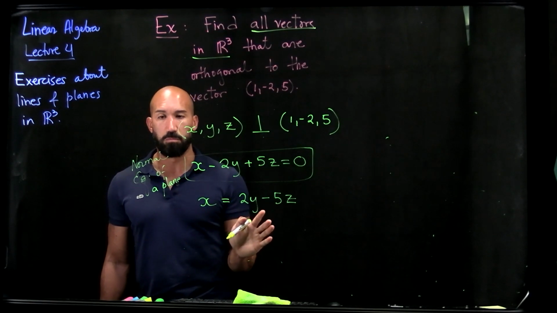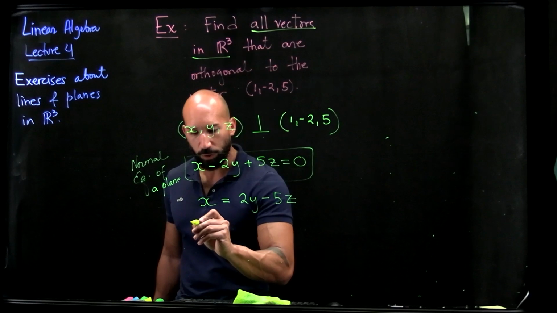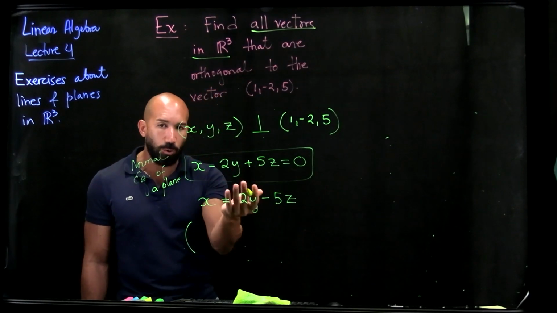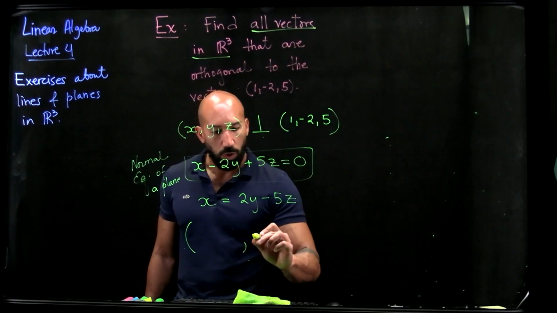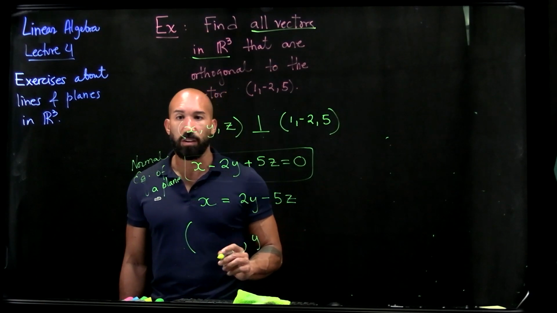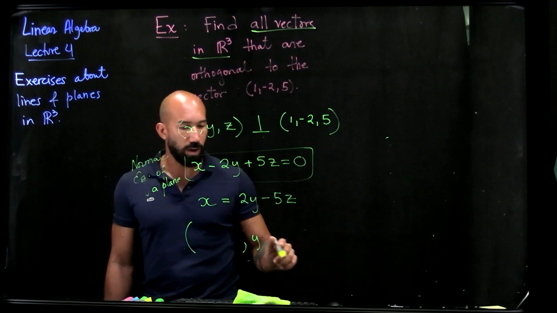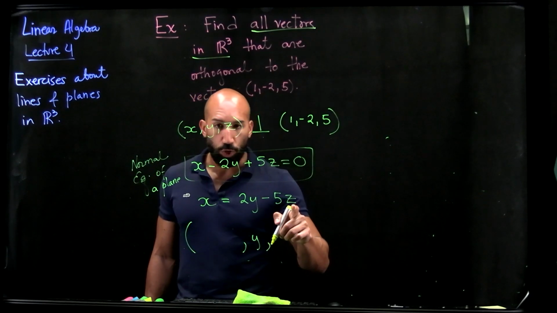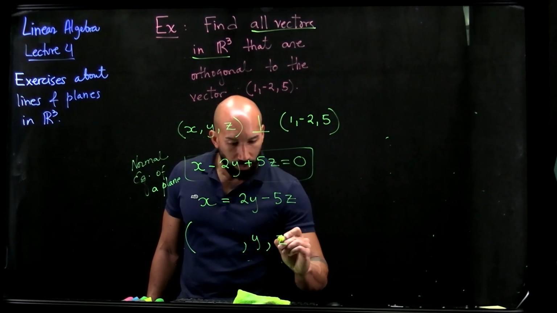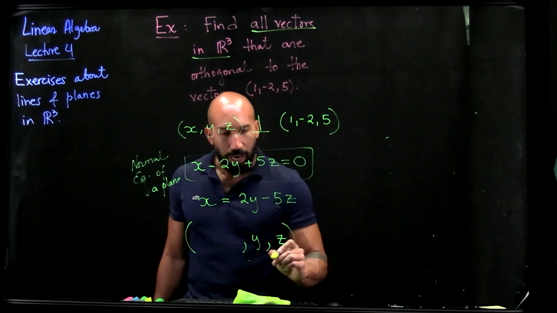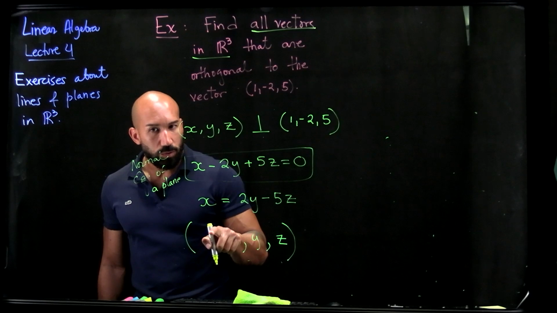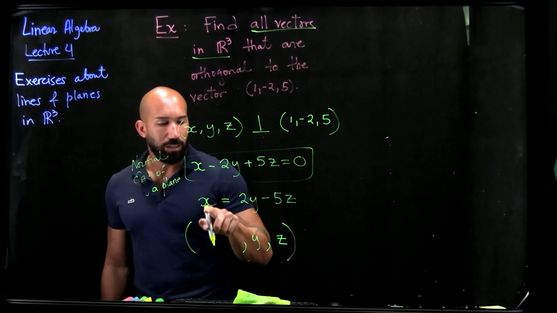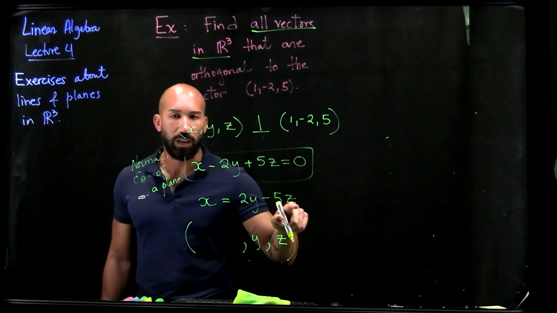And now maybe it's a little bit easier for you to see how you can use that equation to generate vectors, because this is telling us the second component of my vector can be any real number. The third component of my vectors, I can put there any real number as well. I just need to be careful to put a number here that satisfies this formula.